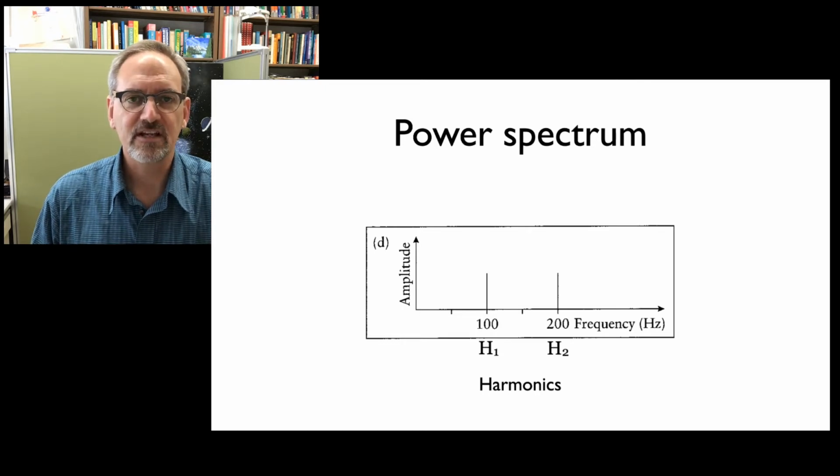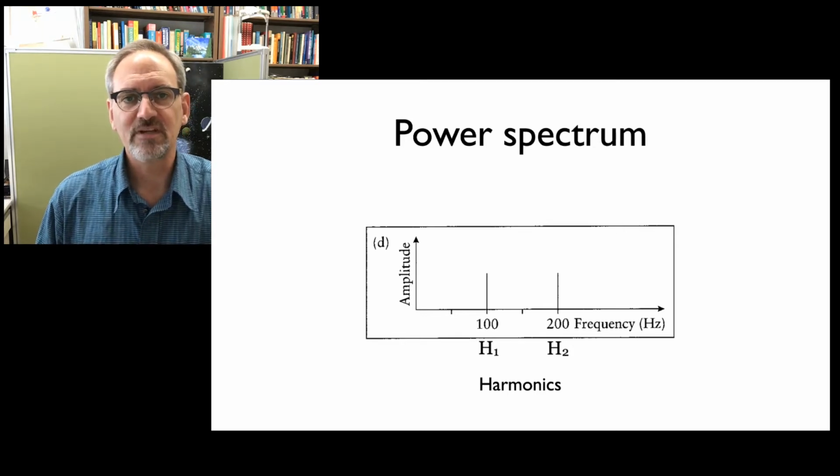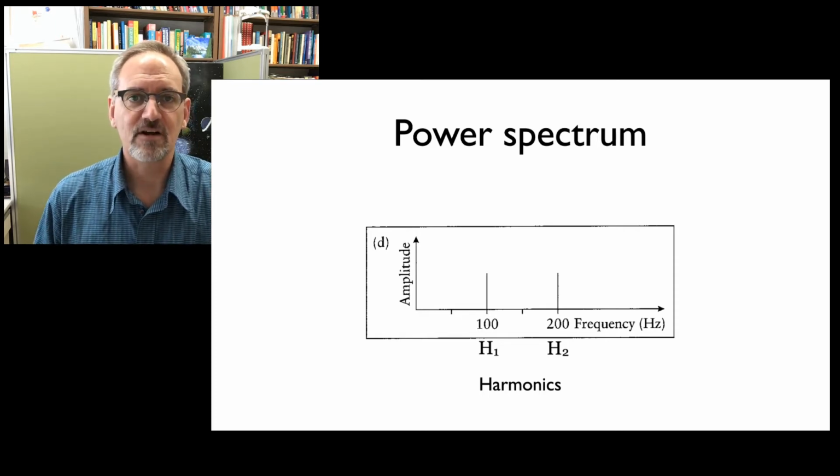If the first harmonic is 200 hertz, the second harmonic will be 400 hertz. If the first harmonic is 300 hertz, the second harmonic will be 600 hertz. Or going lower, if the first harmonic is 40 hertz, the second harmonic will be 80 hertz. And there are third and fourth and fifth harmonics, and each of those will be even multiples of the first harmonic.